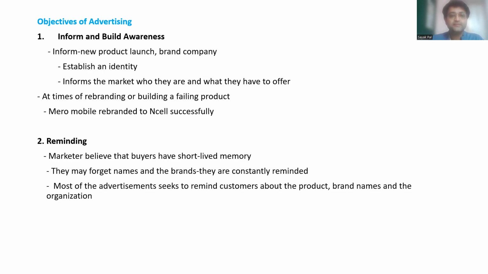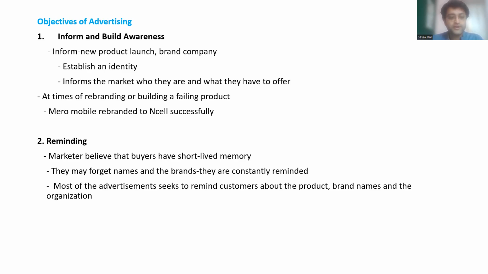This is in line with the last point, where we saw that if you do not remind people of the brand, over a period of time people will tend to forget about the particular brand. And for that, you need to constantly remind them that we are here, we exist, so come and buy our product. This is very important, right?